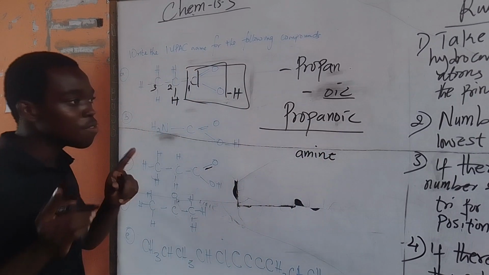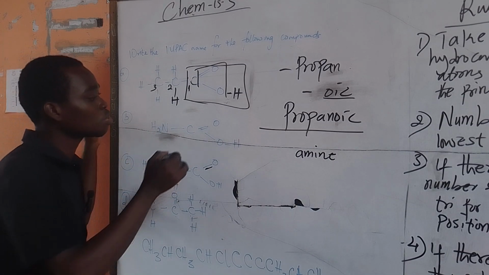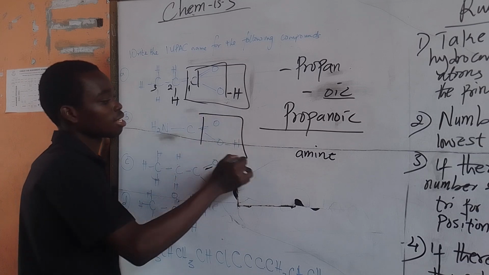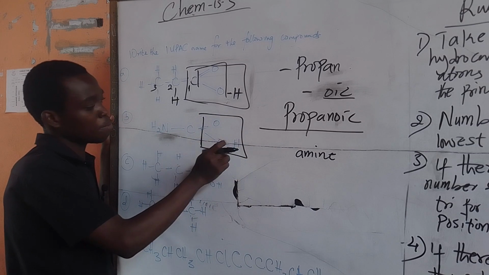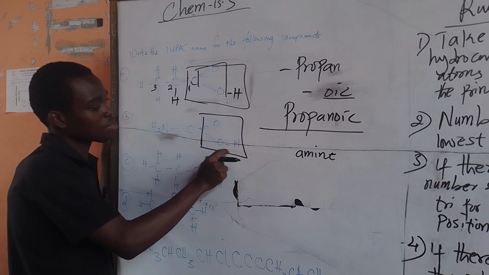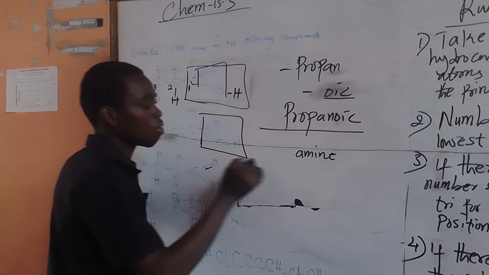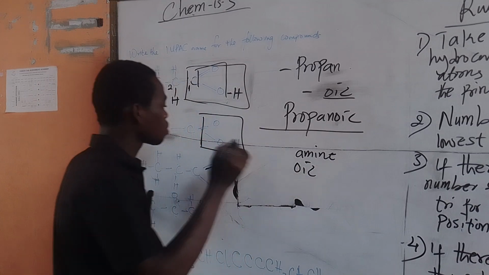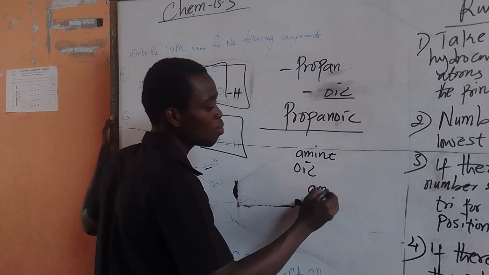But I gave you a preference. When you see amine has a preference, but oic has a double bond compared to this one. So I'm going to call this the oic. So this will be my amino.